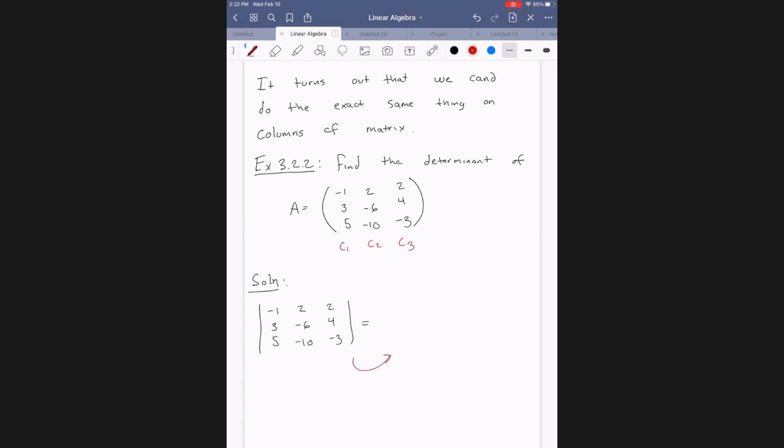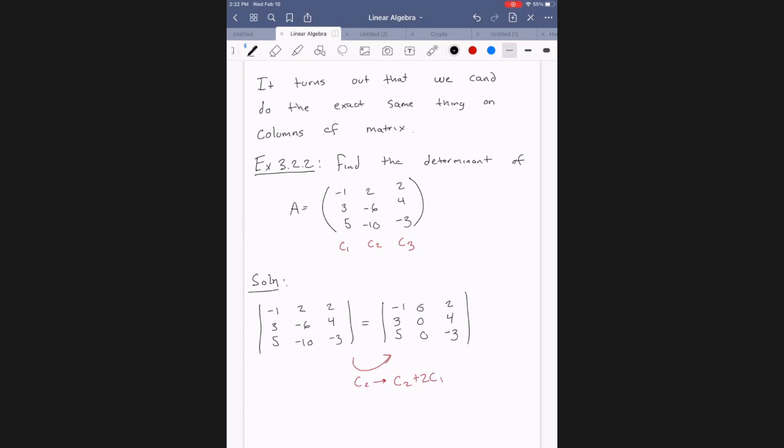Okay. So let me do this operation. Let's take column 2 and do column 2 plus 2 times column 1. Okay. So now we have -1, 3, 5, 0, 0, 0, 2, 4, -3.